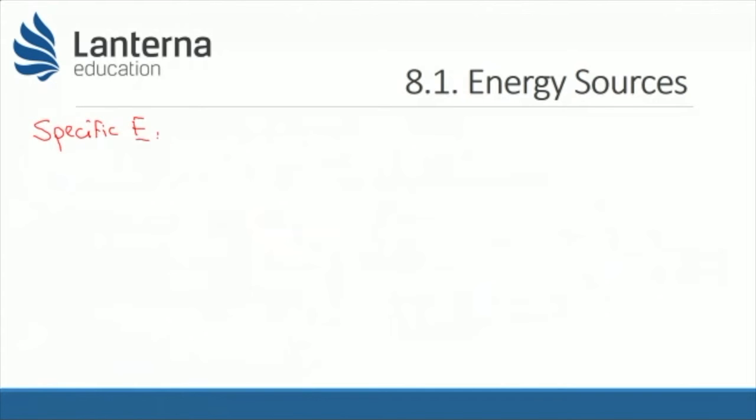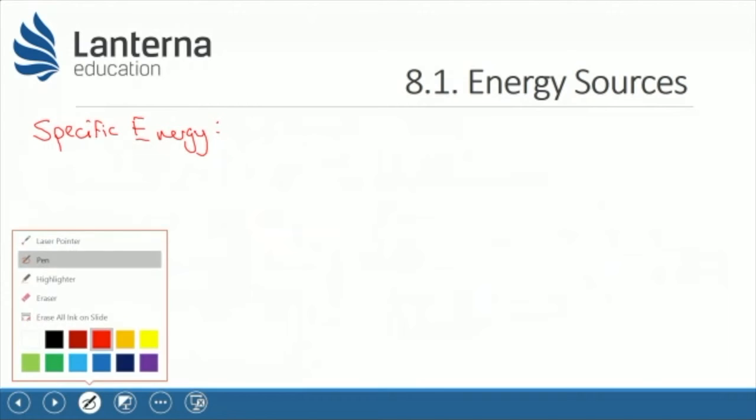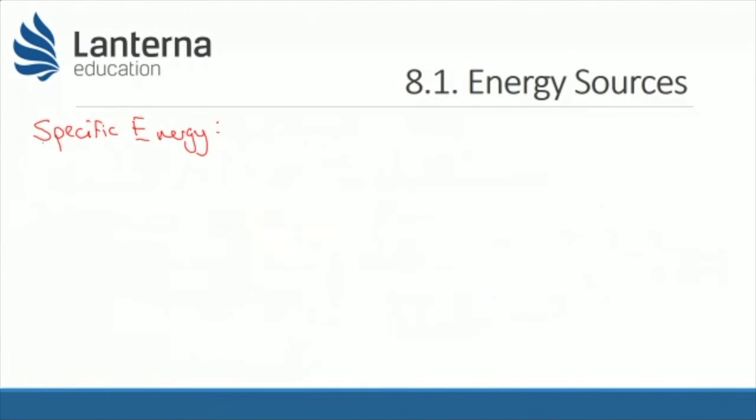Hopefully, if you were at my webinar on thermal physics, you remember what we said about the word specific in physics. Specific always means per unit mass. Even in my dissertation that I was writing about half an hour ago, I was referring to specific enthalpies. Even at uni level, specific just means per kilogram.